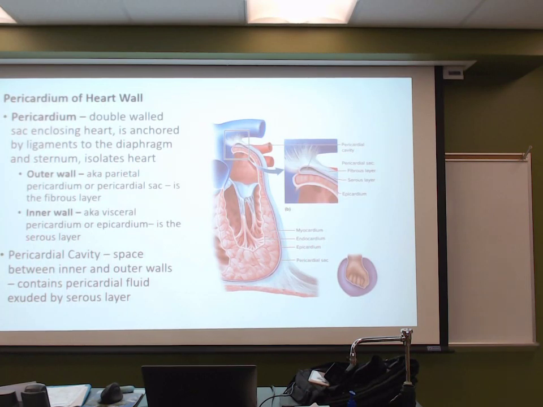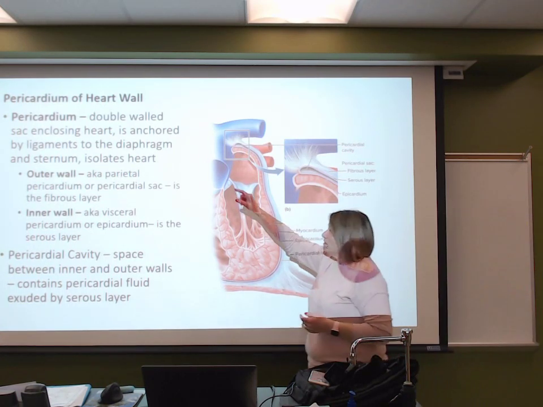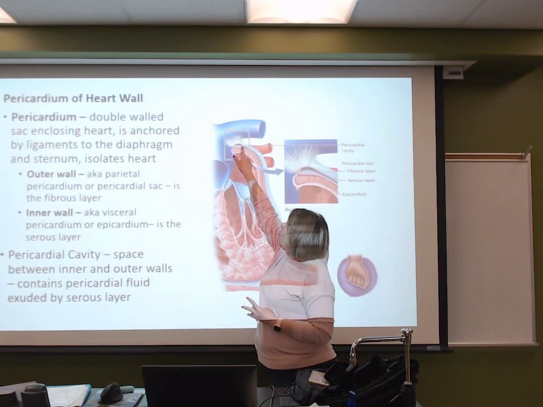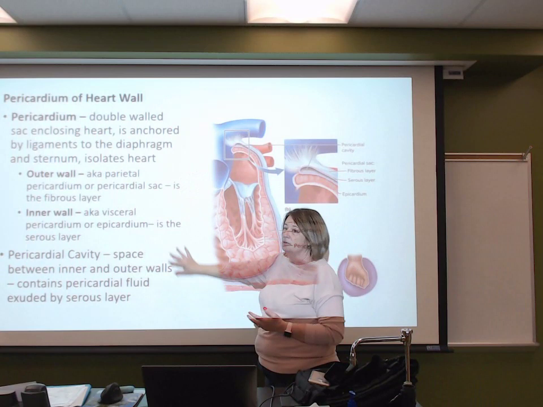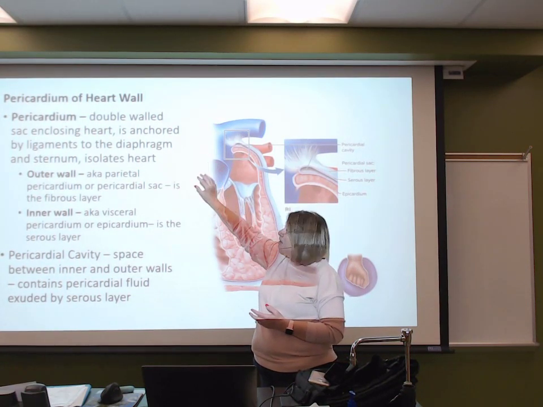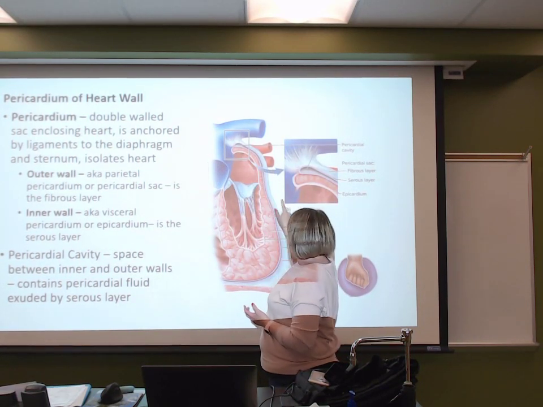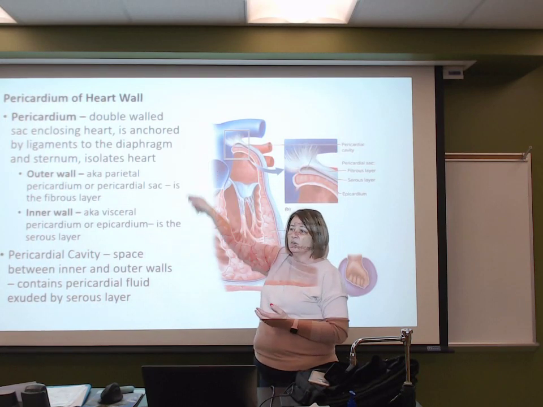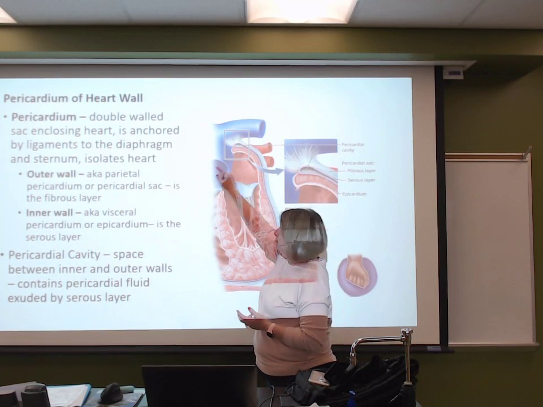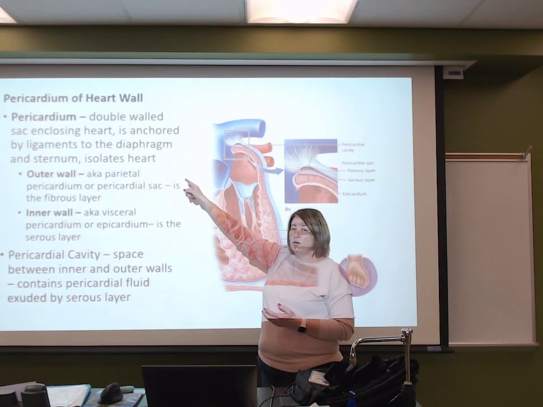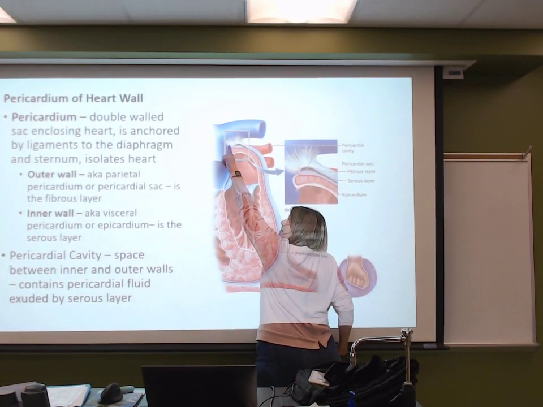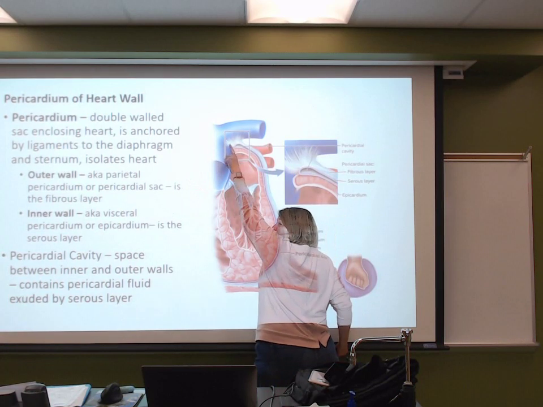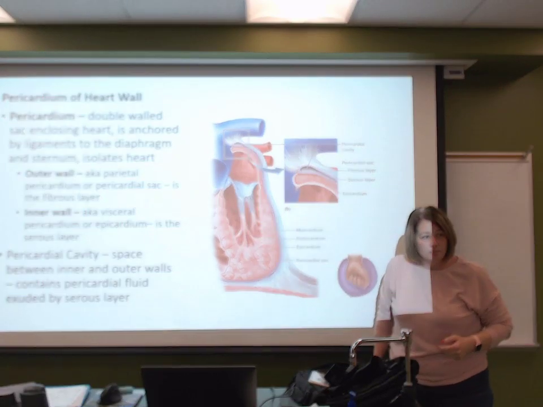So what we're going to see is this double-walled sac that's enclosing my heart. That is my pericardium around the heart, okay? Note, it's trying to show us that it has the ability to be anchored.